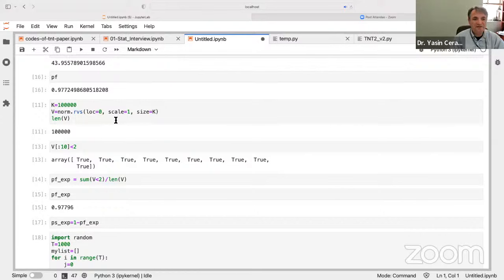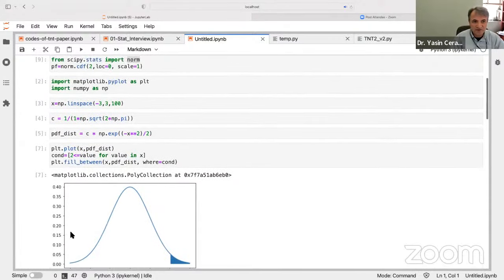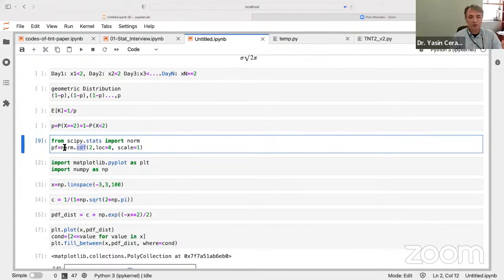Where did the PF come from? I just verified here. This is just a sanity check. I verified that this is the probability of failure, the probability of picking any number less than 2. I found PF using the norm here. Where is it? I keep losing PF somewhere. Oh, here. I used the normal distribution's cumulative distribution function, the CDF method of the norm class from SciPy's stats library.